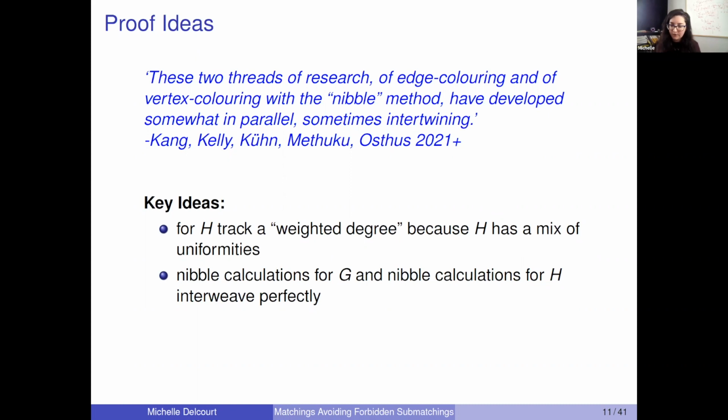Then you have to prove some things about what's remaining, that you have the number of edges you were expecting, and they're distributed how you like, and then you can iterate this process. You can go and nibble again and digest another portion of the hypergraph and keep going.